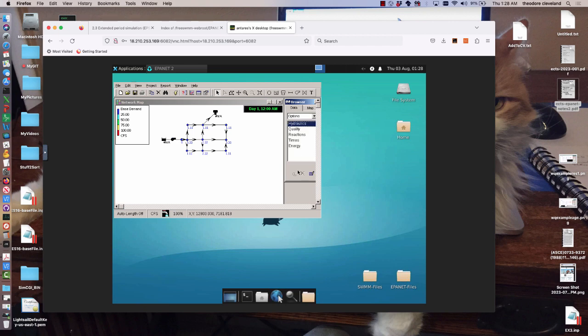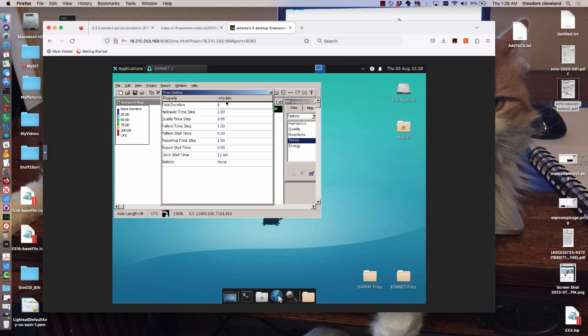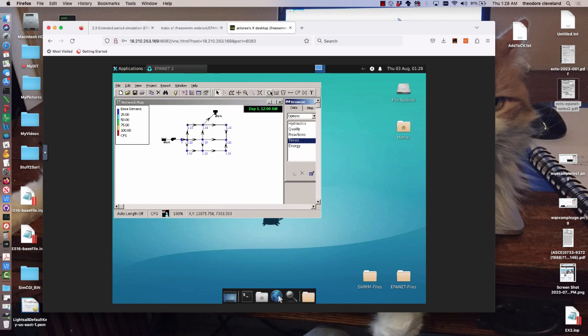Options, times. You change that from 1 to 24. Let's do 24 hours initially. The other thing we have to do is assign the demand pattern to all the nodes.